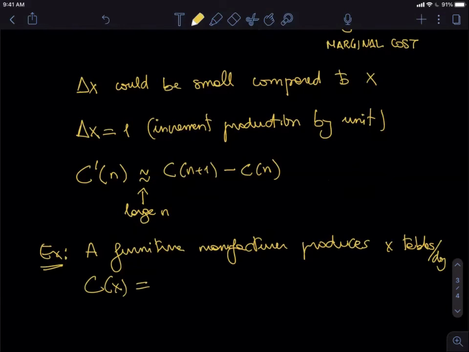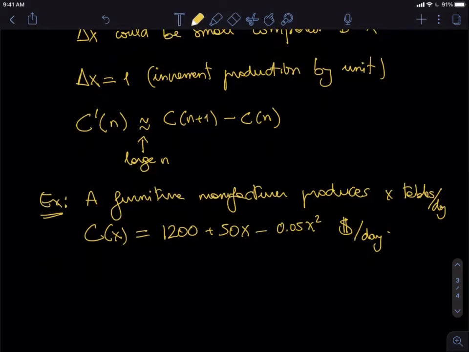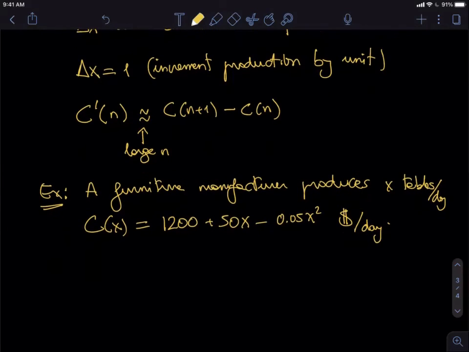The producer has already run the numbers, and it fits with the following polynomial: 1200 plus 50x minus 0.05 x squared, and these are dollars per day. So by spending this amount of money, x tables are produced.